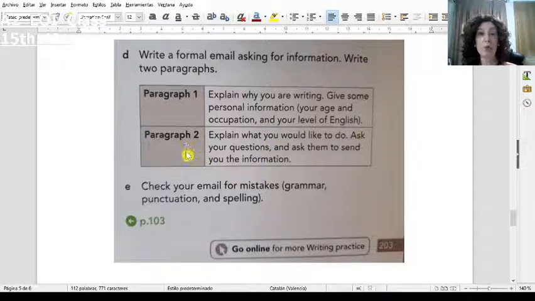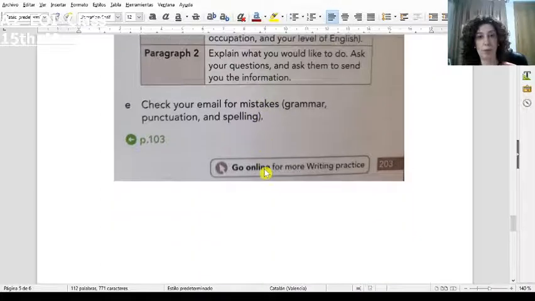And the second or the third paragraph, explain what you would like to do, ask for questions, and ask them to send you the information. Use indirect questions. Could you send me? Would you mind sending me? Is it possible? No contractions. Linking words, very important.